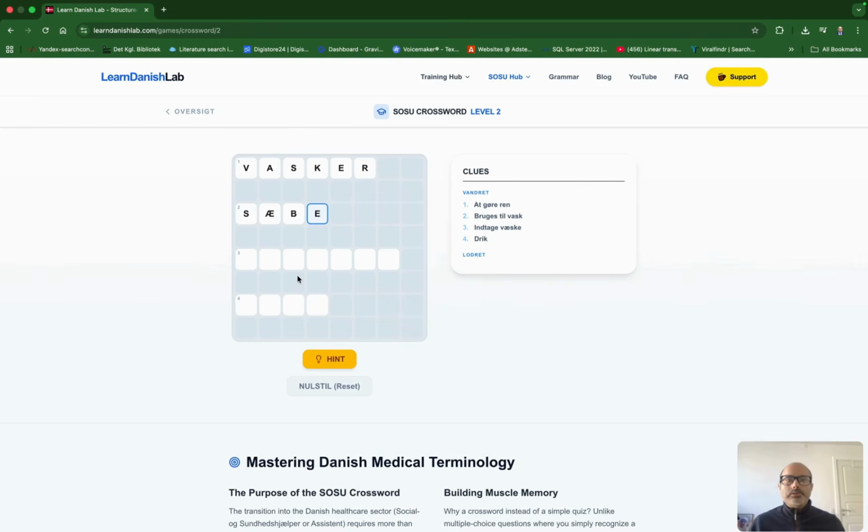Then we go to number three, og indtage væske. Ah, væske. Indtage, that means in the verb form, indtage means to take. Indtage mad, I eat, I drink, like that.